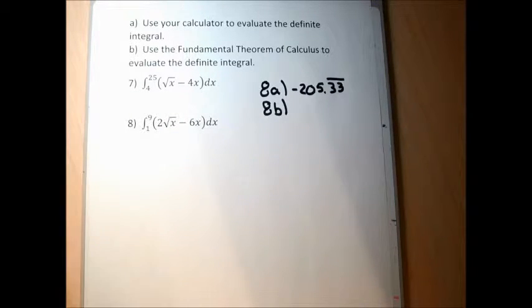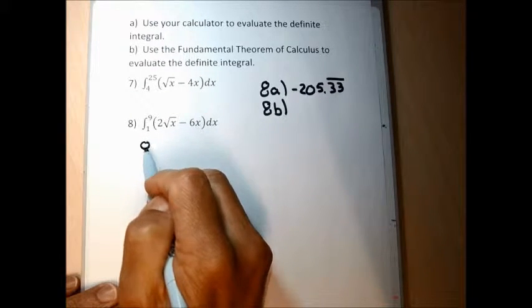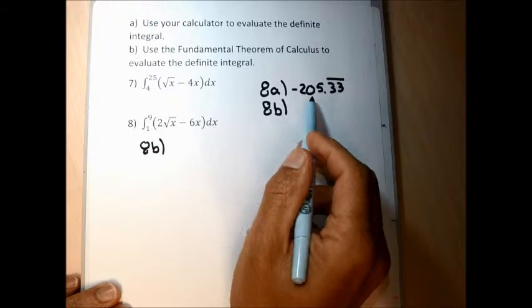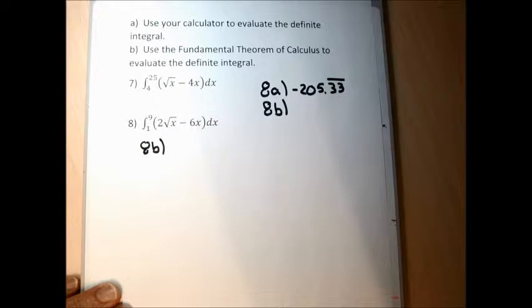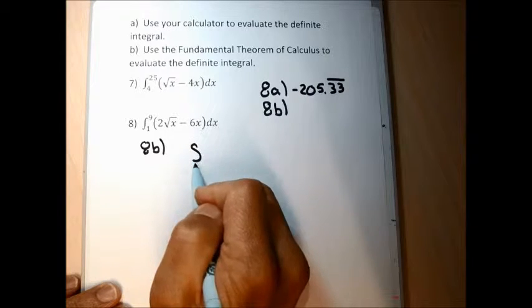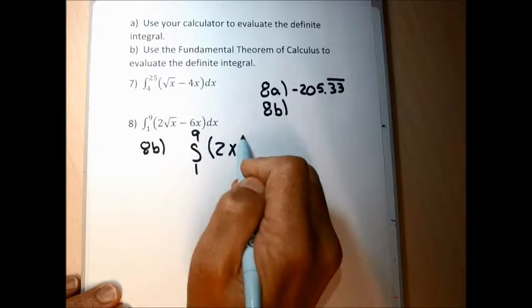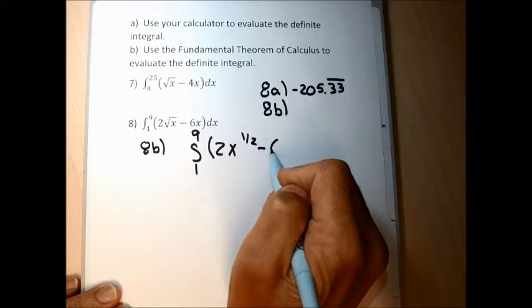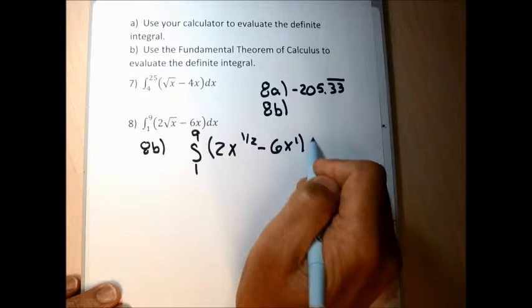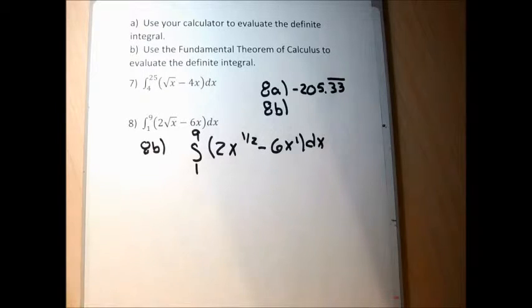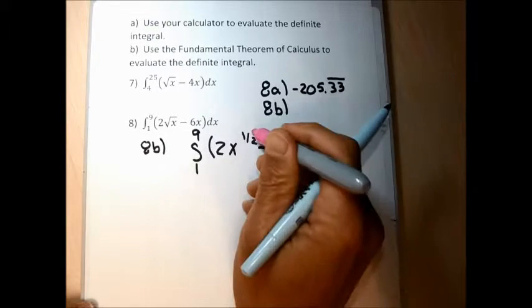Let me get into the work now for number 8b. So my answer for 8b is going to look slightly different because it's going to be a fraction form of that. So I'm going to rewrite this problem as the antiderivative of 2 times x to the 1/2 minus 6x to the first dx. Now I'm going to add 1 to the exponents and divide by the new exponents.